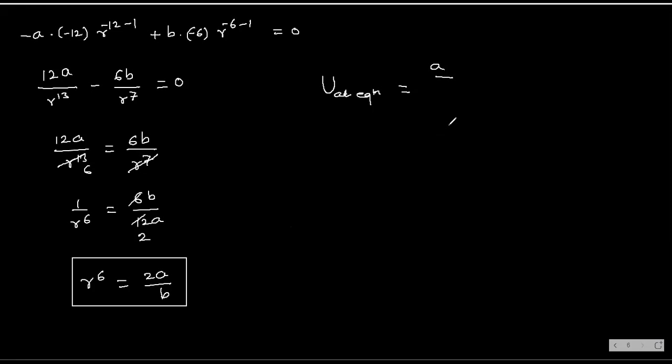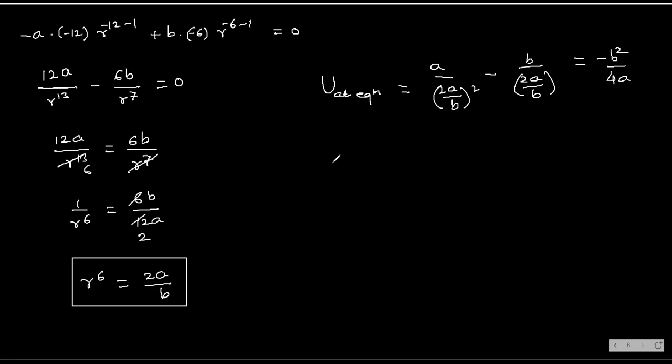So I am writing A times (2A by B) whole square, minus B by (2A by B), hmm no, more precisely, which is equal to minus B square by 4A if we solve this by cross multiplication.